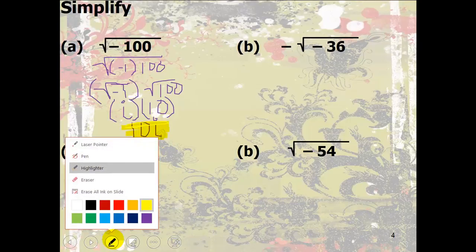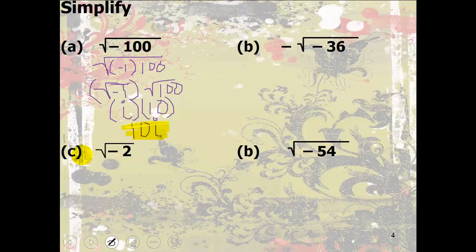Letter B is similar, but notice that I have that negative out in front. This does not change to an i. It stays just as it is. It's this one underneath that gets pulled out as an i. So this stays negative, then I have -1 times 36.